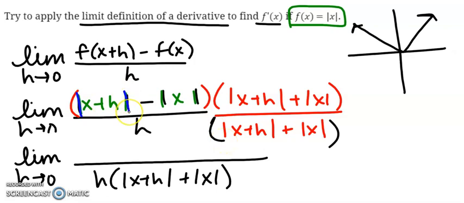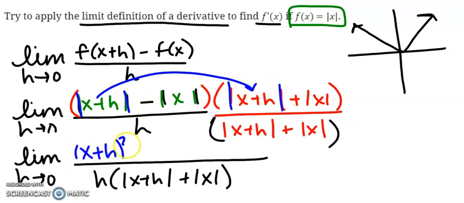I have the absolute value of x plus h times the absolute value of x plus h. Well, that's going to give me x plus h quantity squared. Because had x plus h been negative, absolute value bars would have turned it positive. Then I multiply it by itself. Still taken care of by having x plus h squared. If x plus h had been a positive quantity, I would take the absolute value of x plus h times itself and then square it.